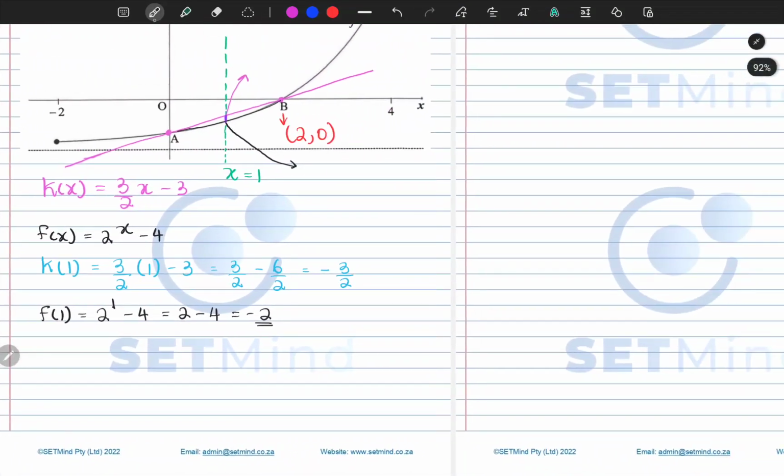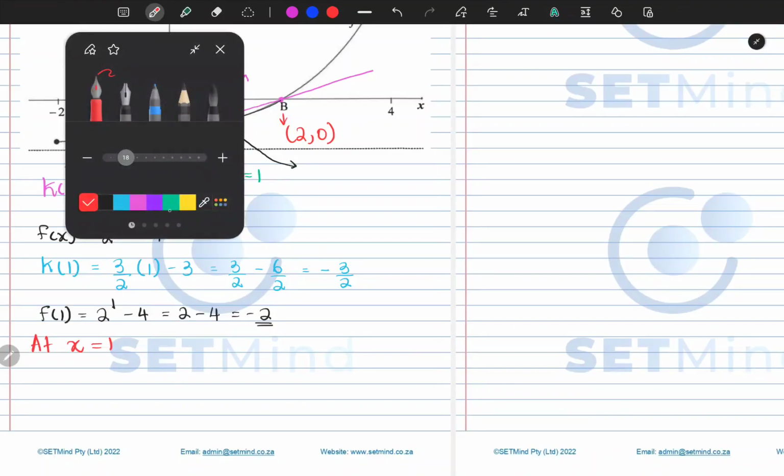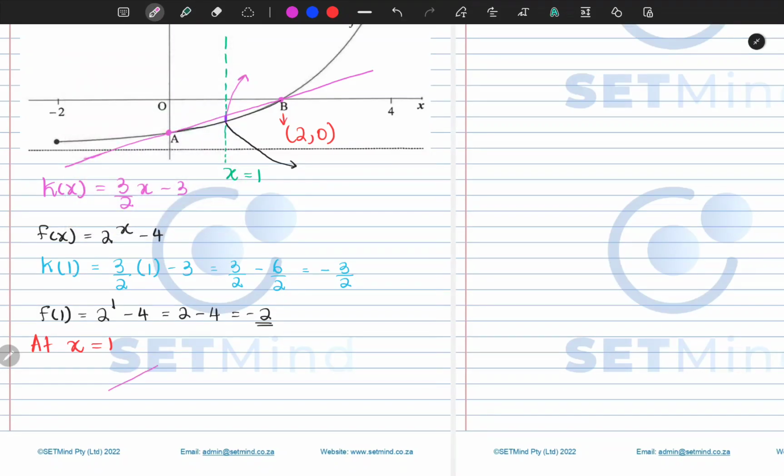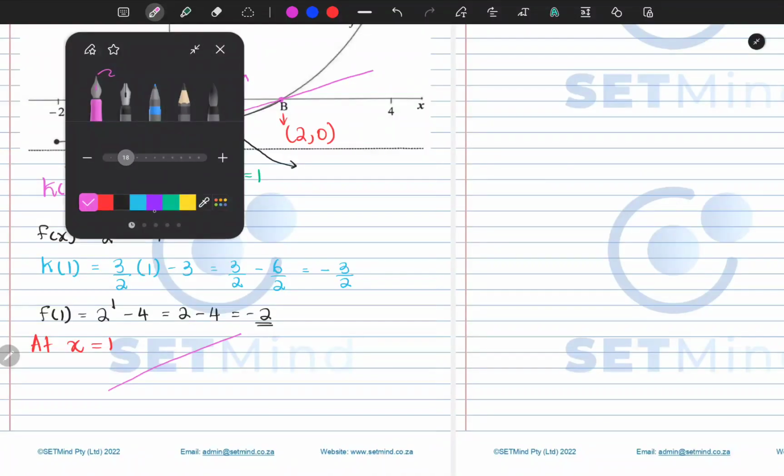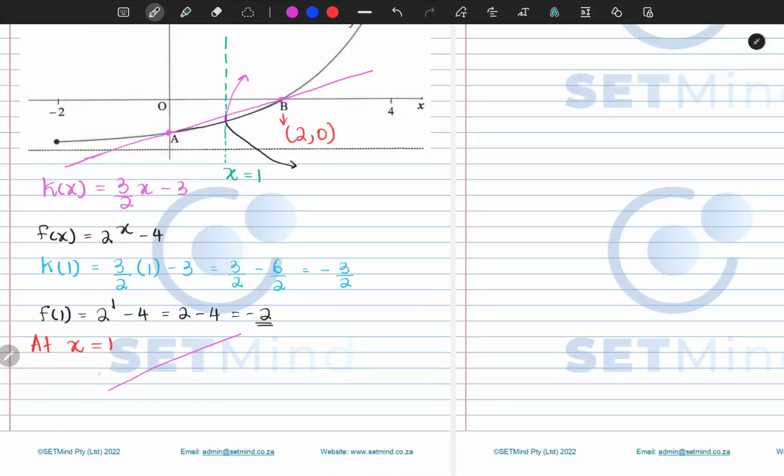So essentially what we have there at x is 1, we have a graph, the pink one. You have the pink one and then you have the other one, which is going something like this. And then what you have here is the distance, which we are looking for.